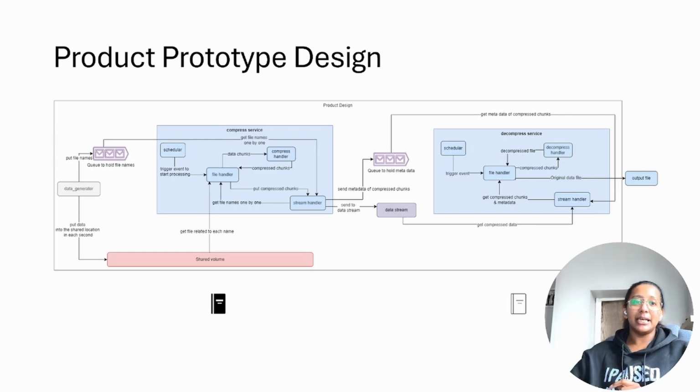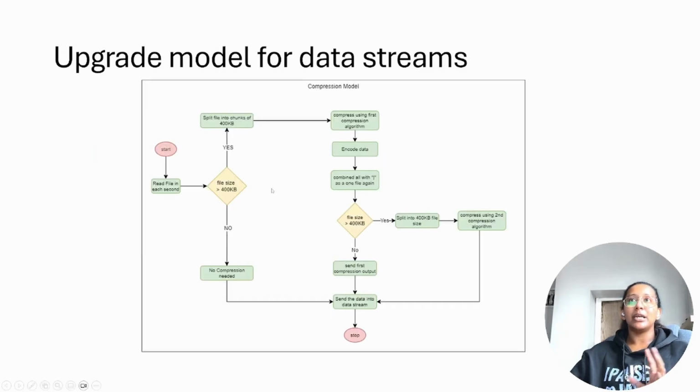The scheduler triggers an event every second to the file handler. Then the file handler gets the file names through the stream handler, reads the file from the shared location, and passes this file to the compressor to compress the data as discussed in the upgraded model of the compression.